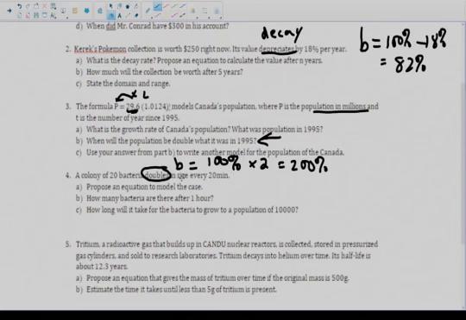You're getting 200% of the bacteria every 20 minutes. 200% as a decimal is 2. So it's a very subtle difference. When will the population be double? Given this growth factor, a population doubles. It's a very subtle difference. I can't state that enough, okay? So in this case, the doubling actually has to do with the population, which is your final amount. In this case, the doubling has to do with what your actual growth factor is, okay?